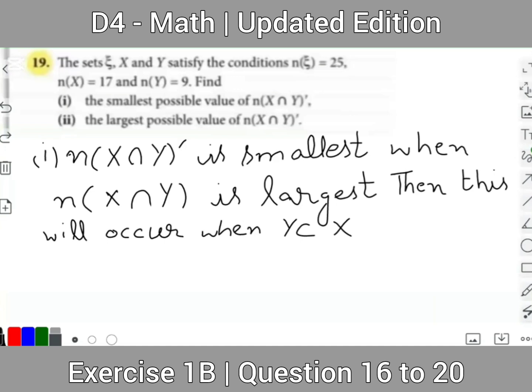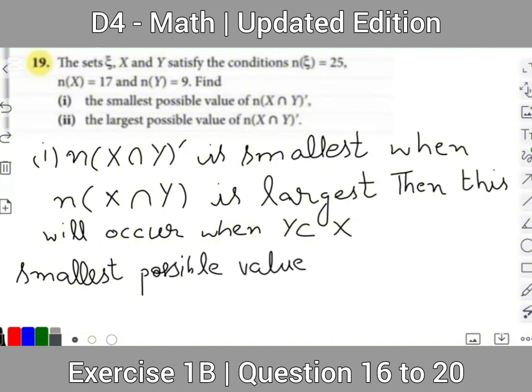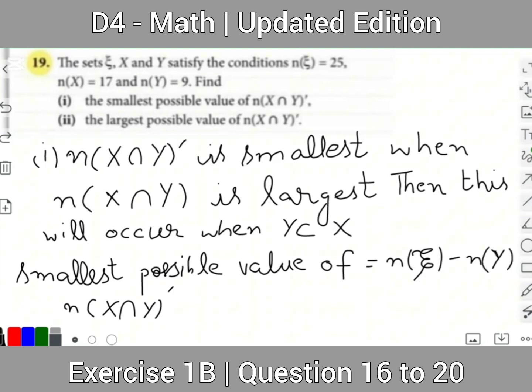And now the smallest possible value of n of (x intersection y) whole complement will be found by subtracting the number of elements of the set x from the number of elements of the set eta.